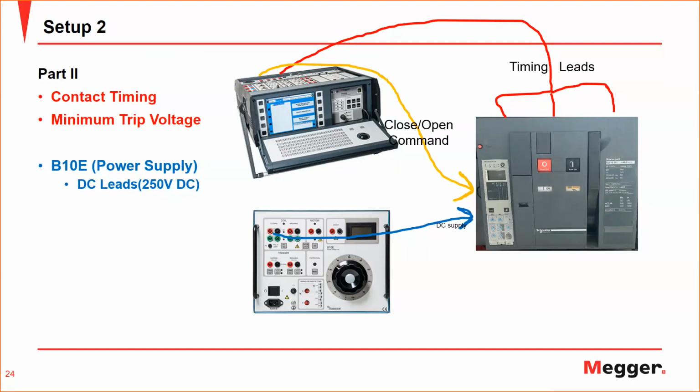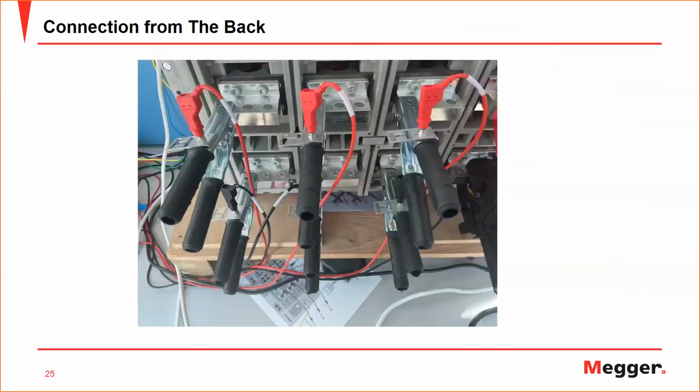I don't have all the connections shown here, but I will show them in a minute in the camera. One thing I would like to show, because it's on the back of the breaker and will not be shown in the camera, is the connection from the back. Here you can see I have my leads.